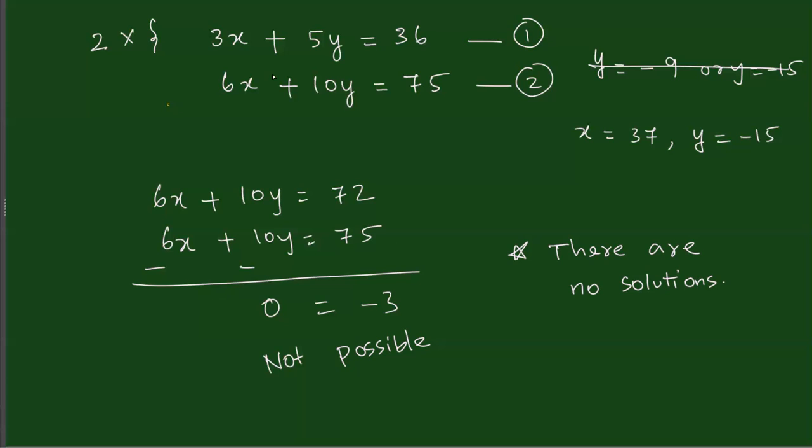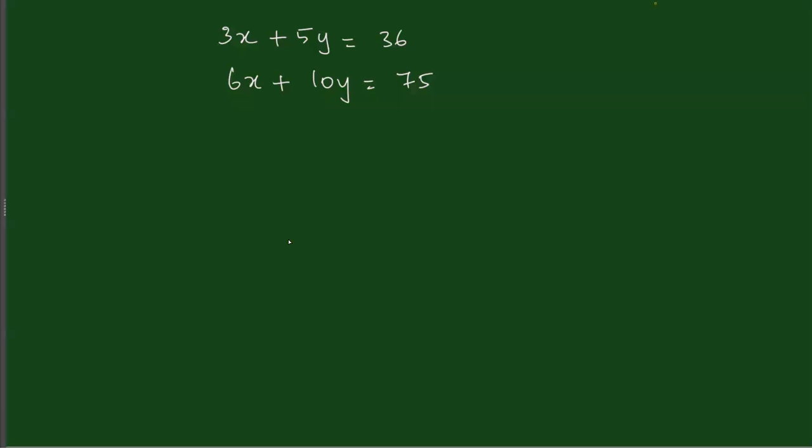Let us see. I'll copy these equations on the next page. Okay, Tamohar, you can tell me what you did. Sir, I eliminated x, so 18x plus 30y equals 216. How did you eliminate x? I multiplied the first equation by 6 and the second equation by 3.